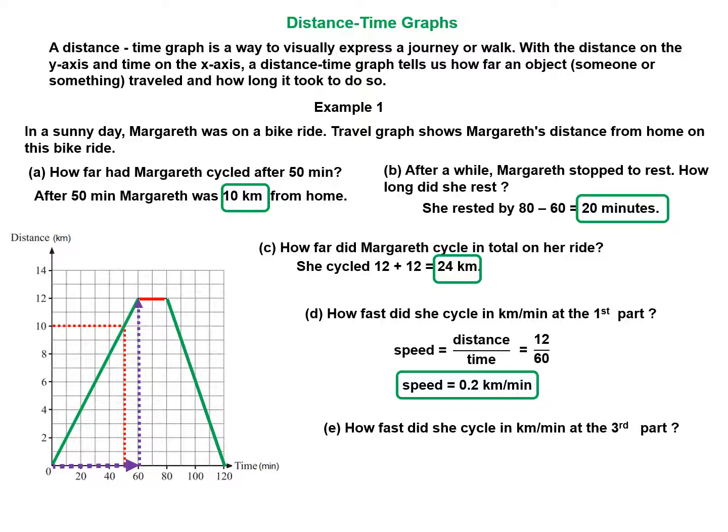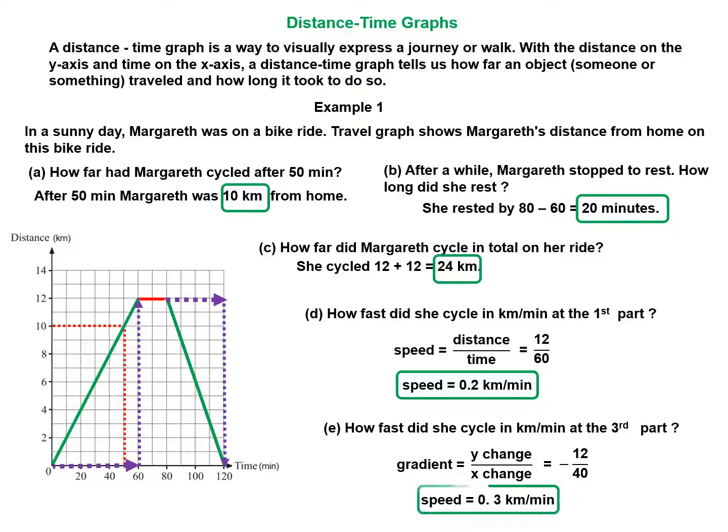We will do the same. The gradient is negative. The speed was 0.3 kilometers per minute in the direction towards home.